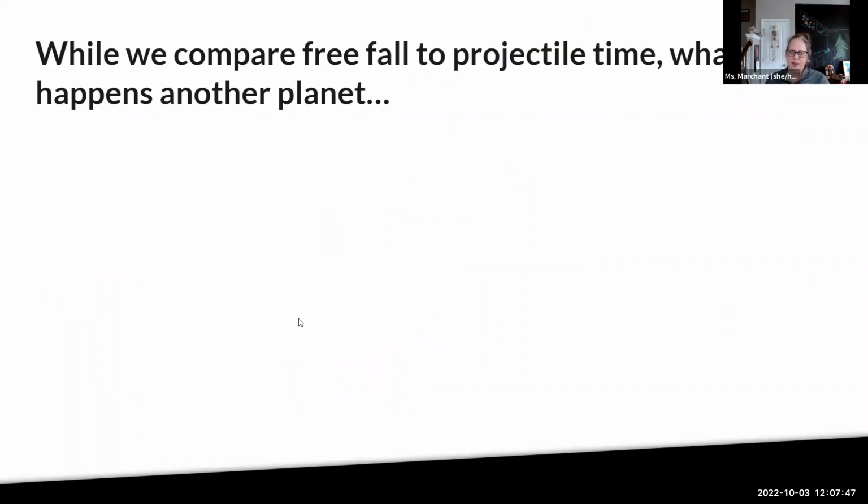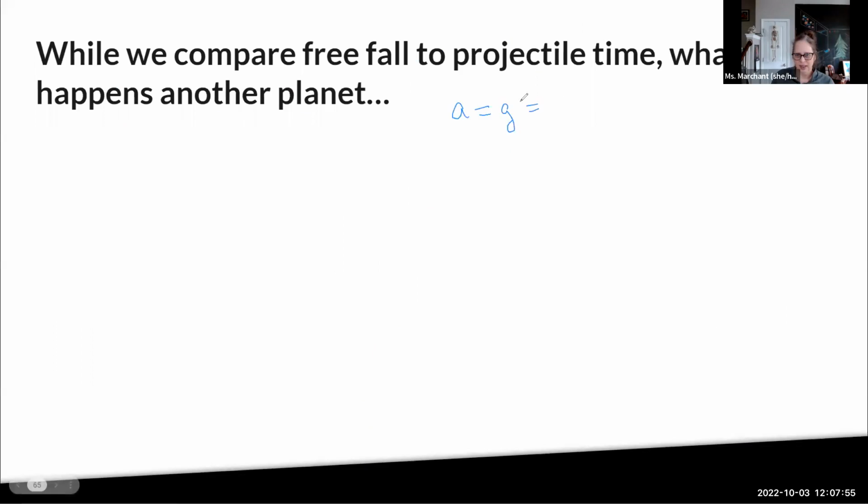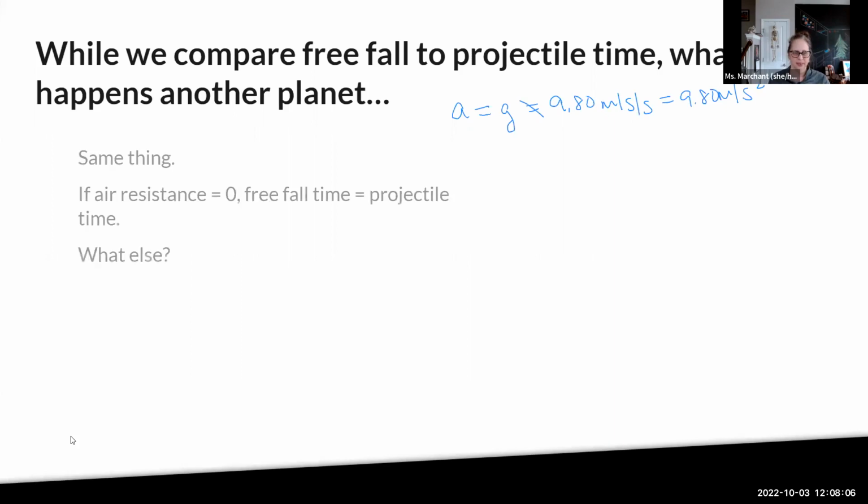Okay. When we compare free fall to projectile time, what happens on another planet? So on another planet, we can have an acceleration due to gravity, but it's not going to be equal to 9.80 meters per second squared. What do we still know? Okay.